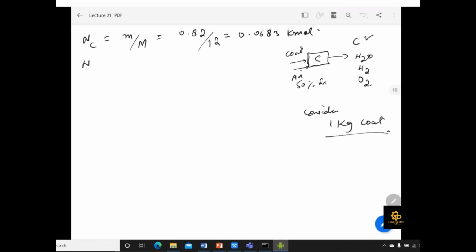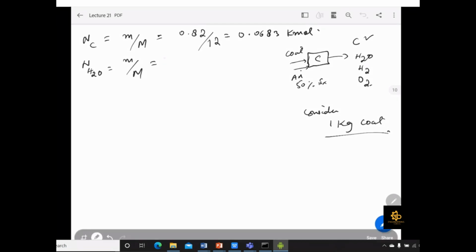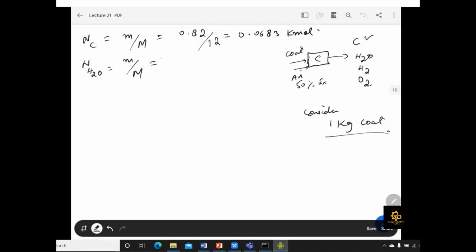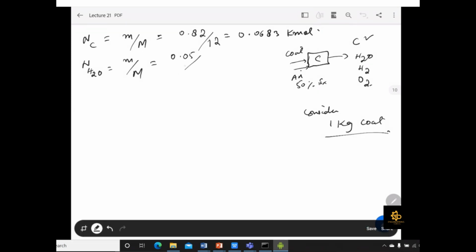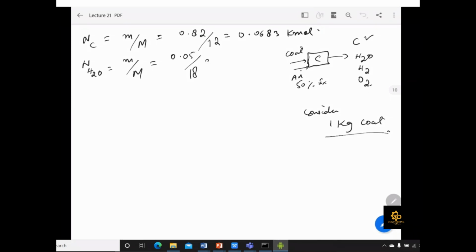Similarly, you have to find the number of moles of H2O, which is the mass of H2O over the molar mass of H2O. The mass of H2O is 5%, so you can write 0.05 because we are assuming 1 kg of coal, divided by 18, and similarly you will get 0.002.